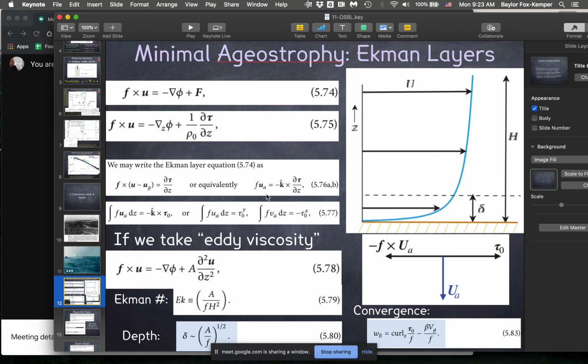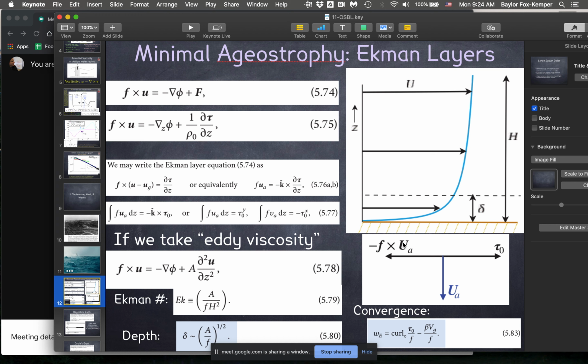So you could integrate this equation in the vertical, and now you start to see that the depth integrated ageostrophic velocity is balanced by the stress, but u here and y there. So it's the perpendicular stress at the surface that gives us the flow. So that's what this diagram is showing us.